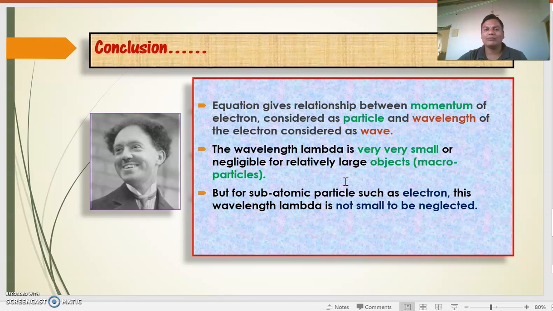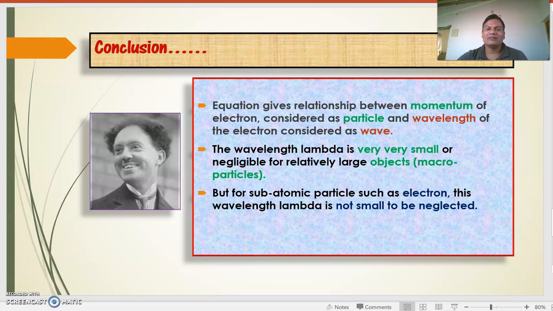We are massive particles, so for that it is very small. But for subatomic particles like electron, proton, neutron, the wavelength lambda is not small enough to be neglected. So we cannot neglect it in the case of electron or proton. We have to consider it.